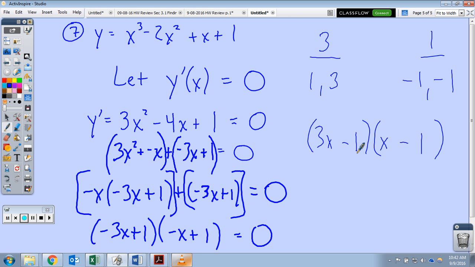So if we complete this, then at x equals 1 and at x equals 1/3 is where we would have 2 horizontal tangents. Which makes sense if you think logically about the graph of a cubic: it's typically going to have 2 changes in direction, so it makes sense that there would be 2 horizontal tangents.